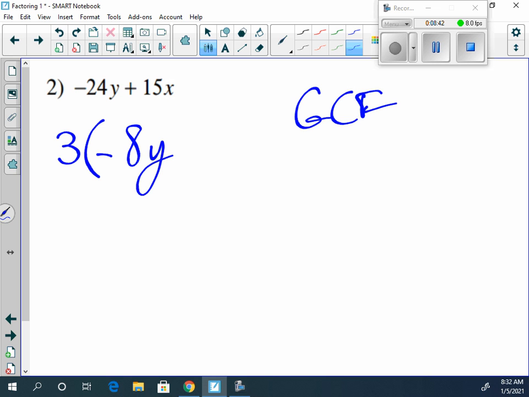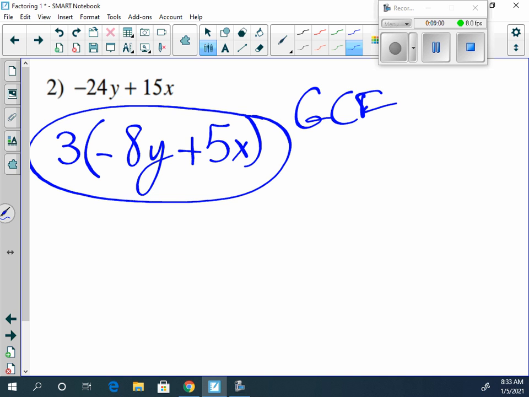Then we'll do the same thing with positive 15. 15 divided by 3 would be plus 5x. And that's it, because there's no other terms between negative 8 and 5 that are in common that we can reduce. And that's all we can do to simplify this down further.